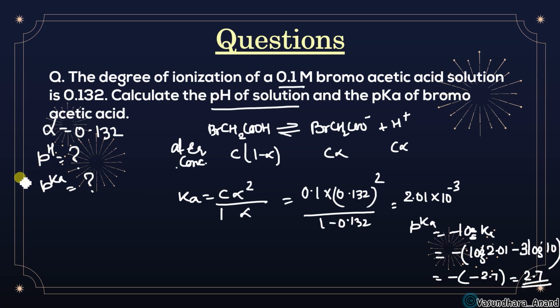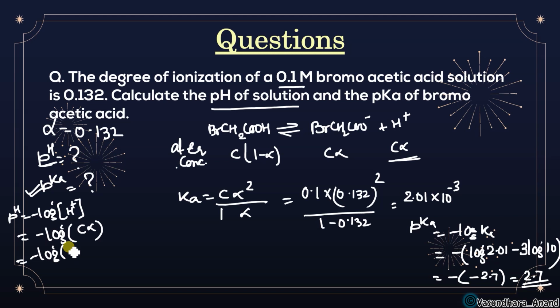Another part, pH. pK we found, now pH. So for pH, we want the minus log H plus concentration, and H plus concentration is here C alpha. So just put this C alpha, that means minus log, C is here 0.1 and alpha is 0.132.